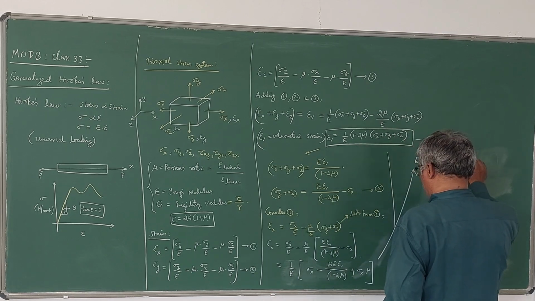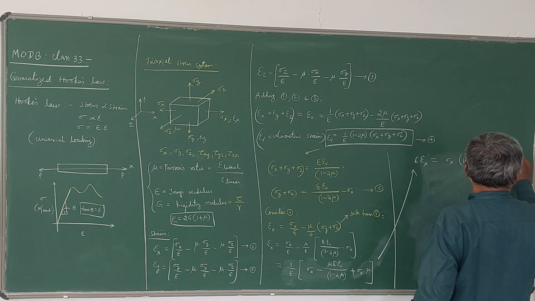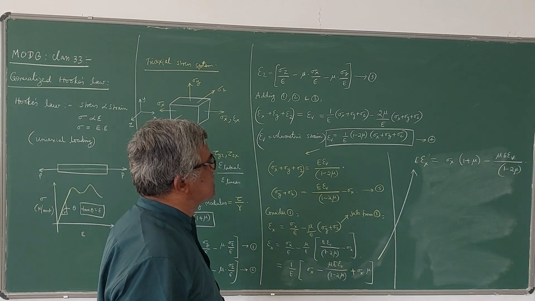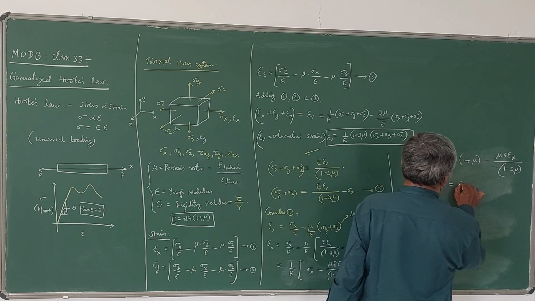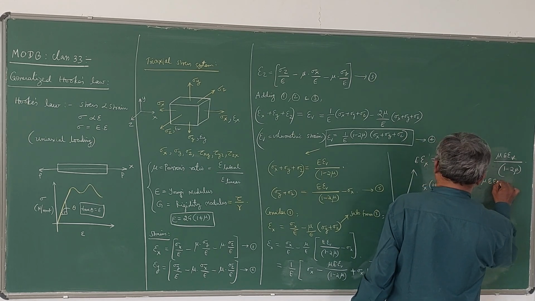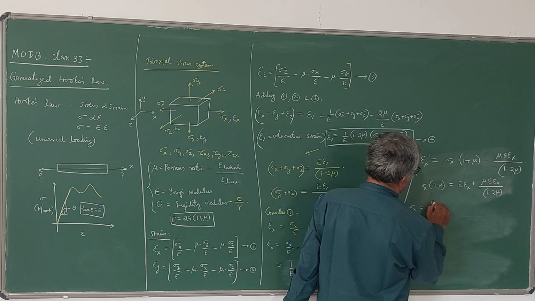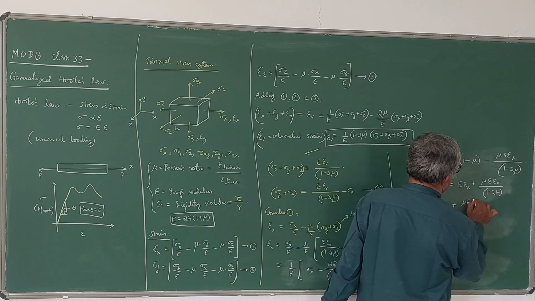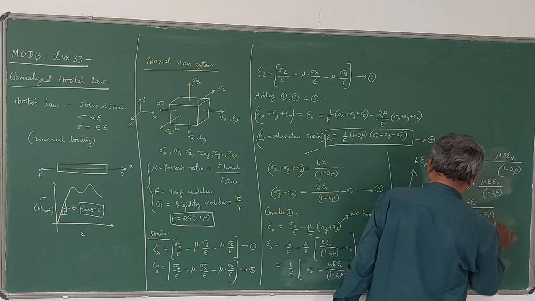If I take 1 plus mu common, I will get minus mu into E into epsilon x epsilon v divided by 1 minus 2 mu. So sigma x into 1 plus mu will be equal to E into epsilon x plus mu E epsilon v by 1 minus 2 mu. After simplification, sigma x will be E divided by 1 plus mu into epsilon x plus mu into E into epsilon v by 1 plus mu into 1 minus 2 mu. I think this is correct.